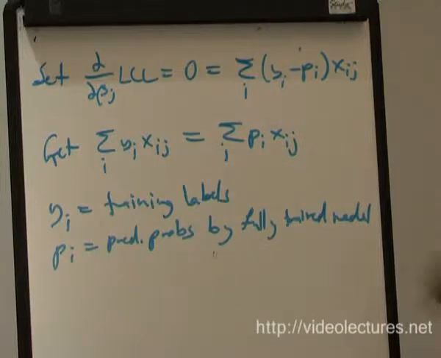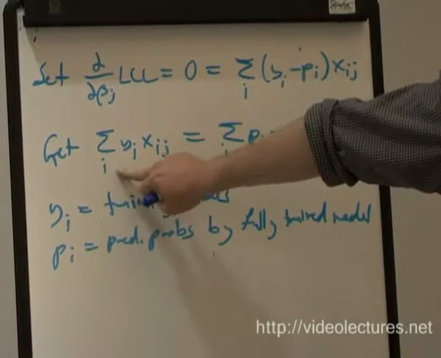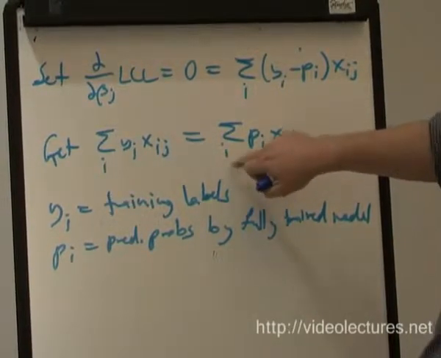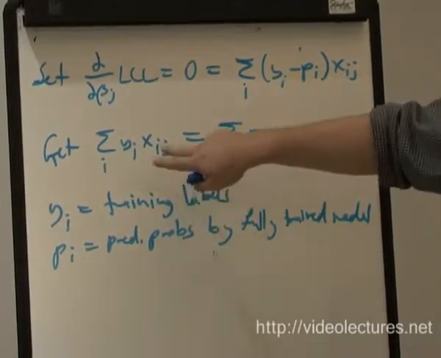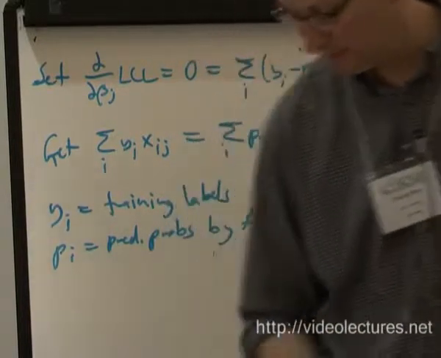Yeah, but this is the sum over all training examples. This is the sum over all training examples. So this is not really saying anything about any individual training examples. It's only saying something about the training set. So what is it saying about the training set?